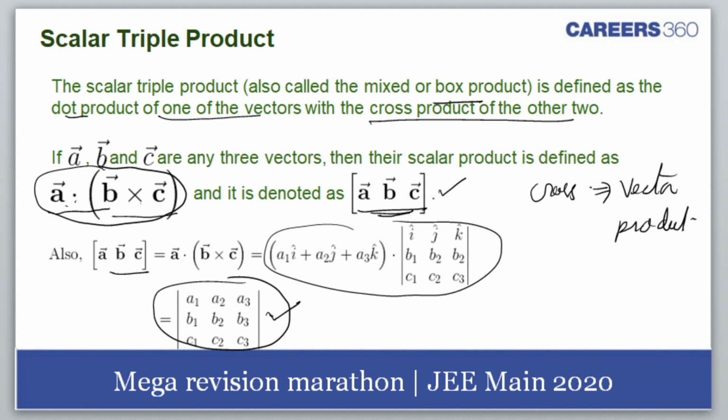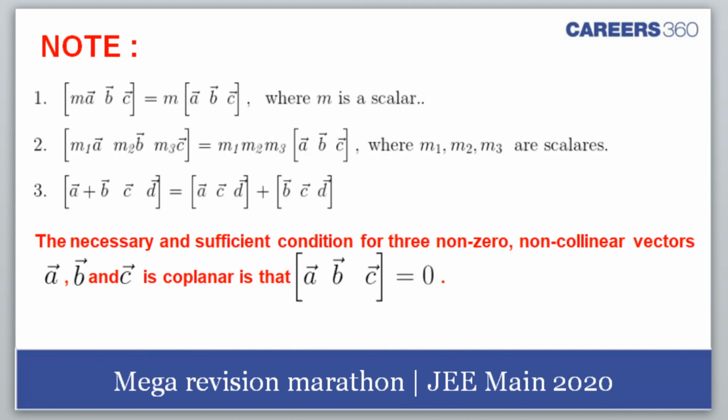Now let's come to the properties of STP. When we talk about STP properties, if there is a scalar, it can be taken outside.